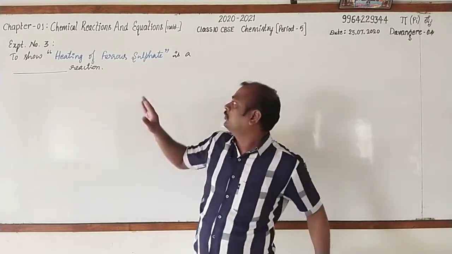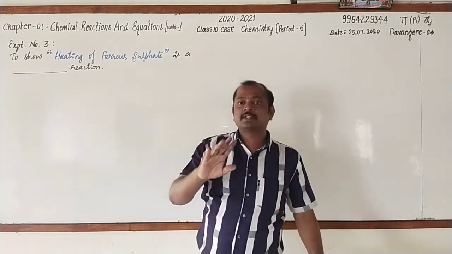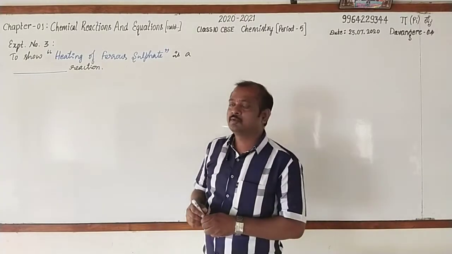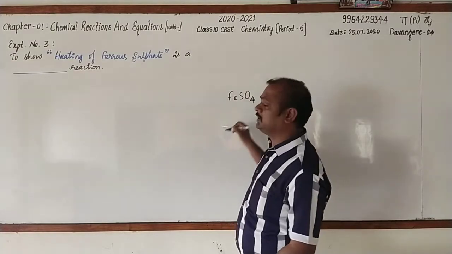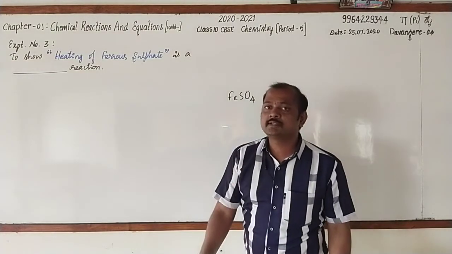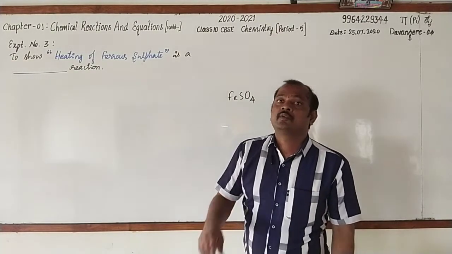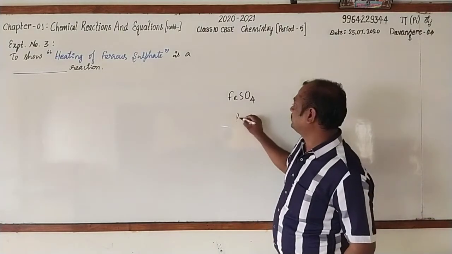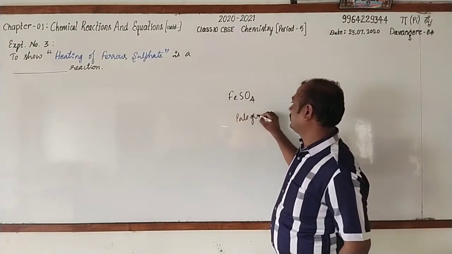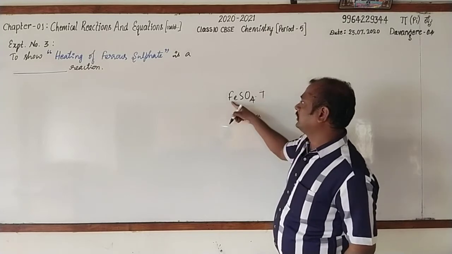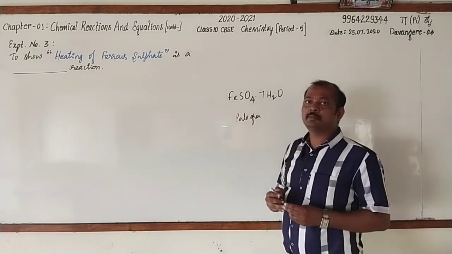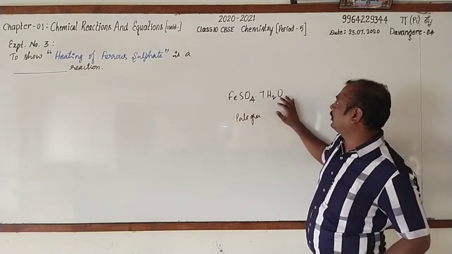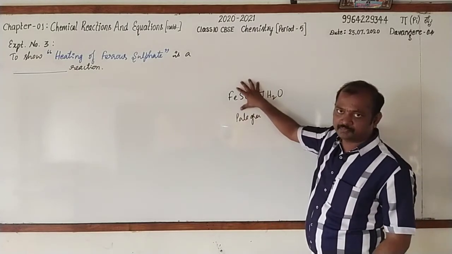One is some crystals of ferrous sulfate. What is its molecular formula? Yes, it is FeSO4. Could you tell what its color is? Right, it is pale green. And the actual formula is FeSO4.7H2O, which means some number of water molecules are present.